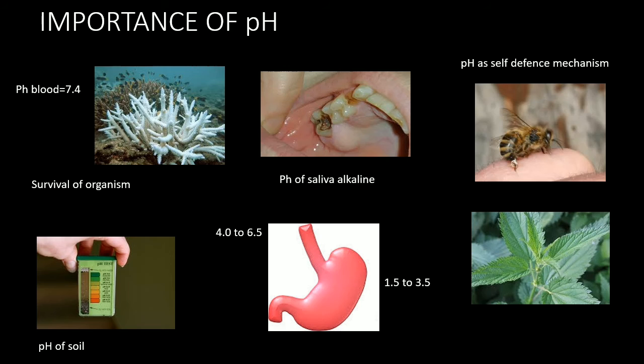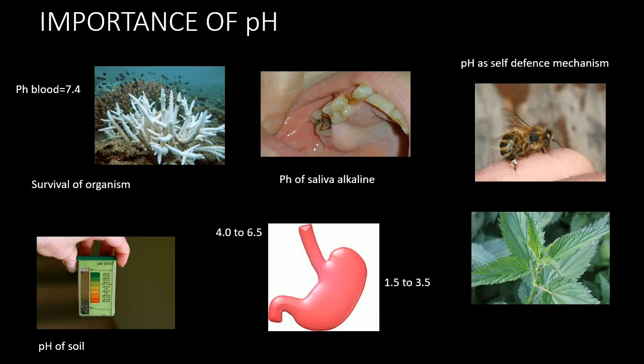As we know, our teeth are made up of a very strong material, calcium phosphate. It's the hardest material. But we have also studied the corrosion process by acids. So that strong material can also be corroded by excess acid, and that corrosion of the enamel leads to tooth decay.